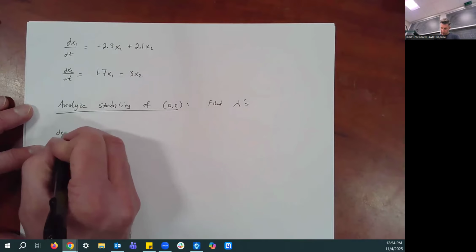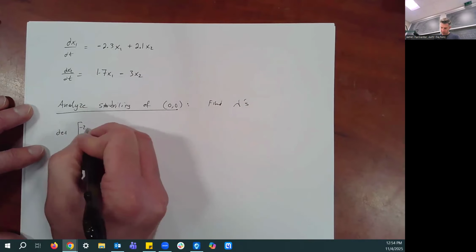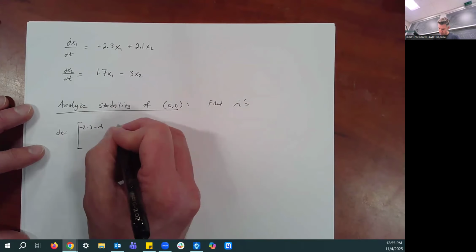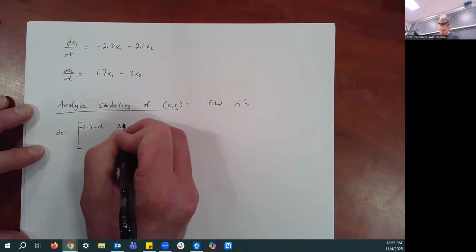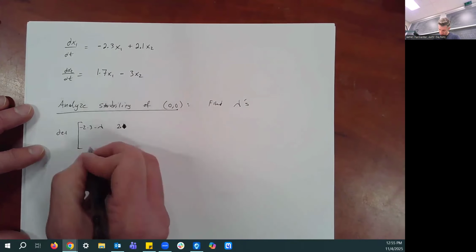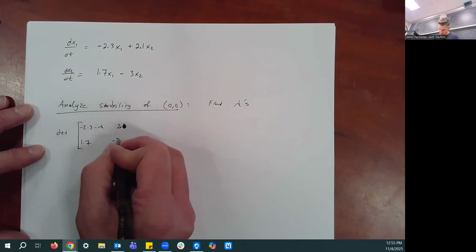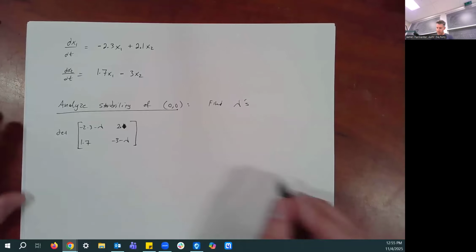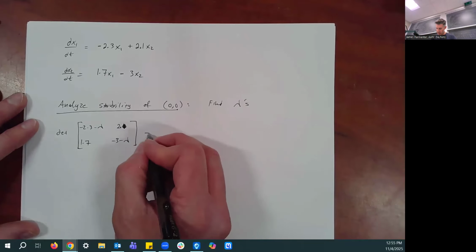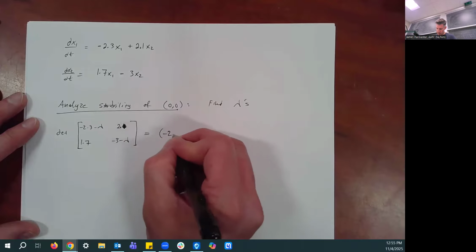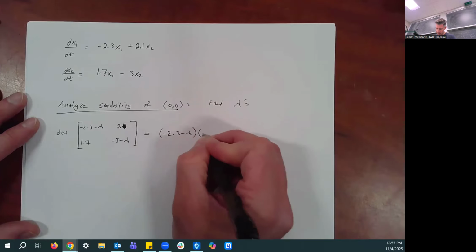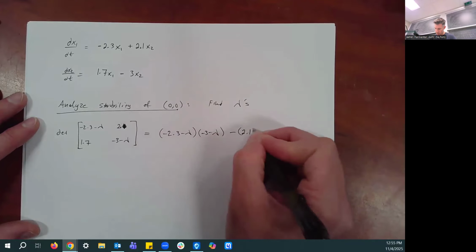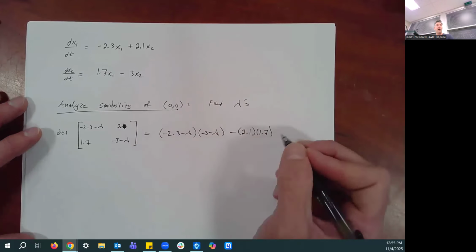So it's going to be the determinant of negative 2.3 minus lambda, 2.1, 1.7, and negative 3 minus lambda. Interesting here. So that's going to be negative 2.3 minus lambda times negative 3 minus lambda minus 2.1 times 1.7. I'm not thrilled about this.